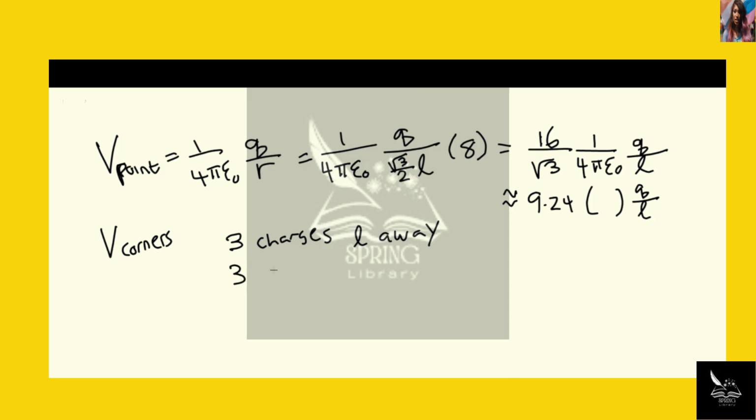We have 3 charges that are a distance root 2 l away. And we have 1 charge that's root 3 l away. So we got to account for all of the electric potentials due to these three, and these three, and this one separately as separate cases, all added together.